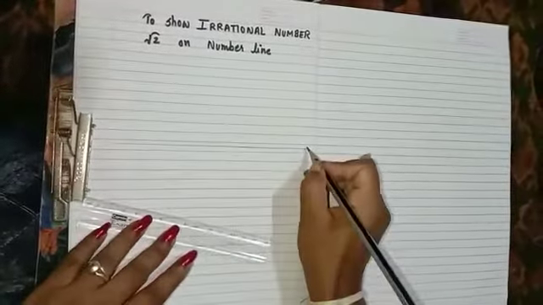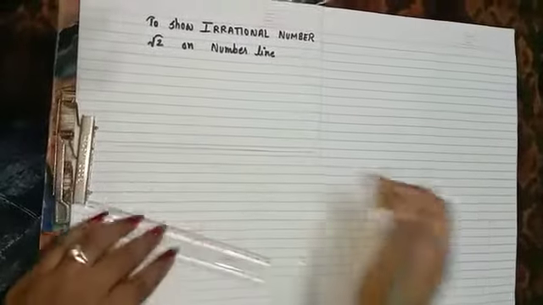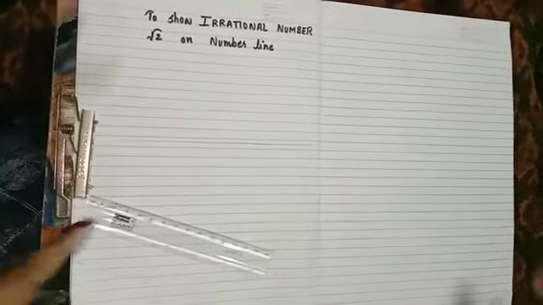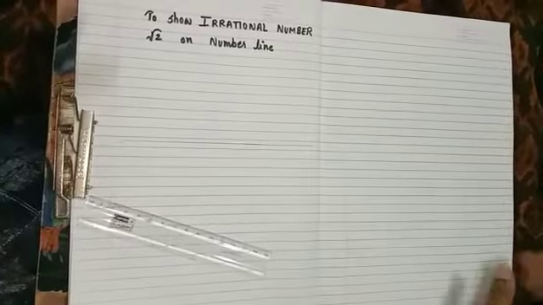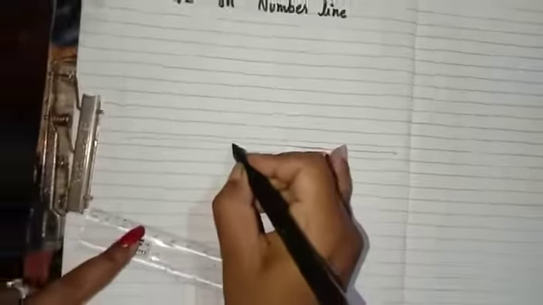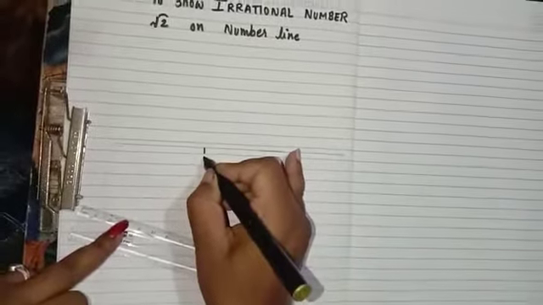Now we are going to mark 0 on the number line. This is the 0.